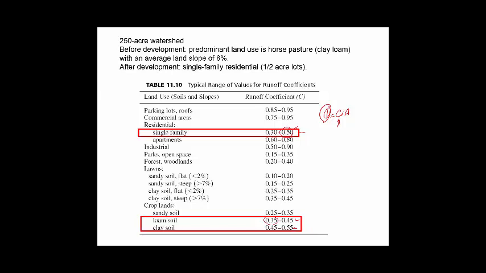And think about this and pause this video if necessary to understand this. I would not use 0.55 as my factor for pre and then 0.5 for my post, because what I would be saying there is that there's more runoff in agricultural land than in residential land, and that doesn't make sense. Okay?